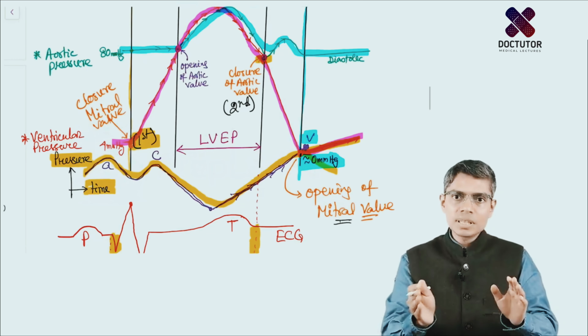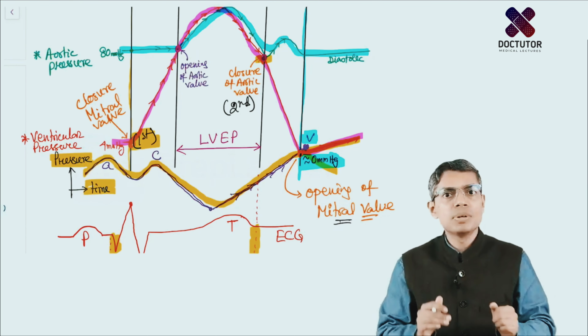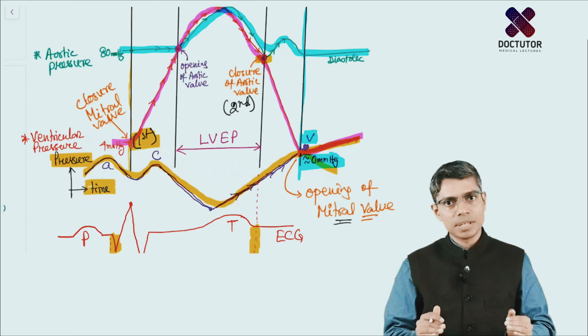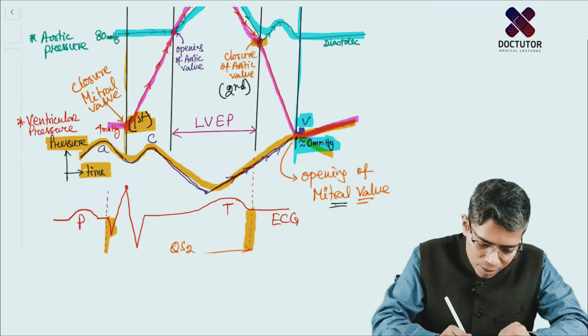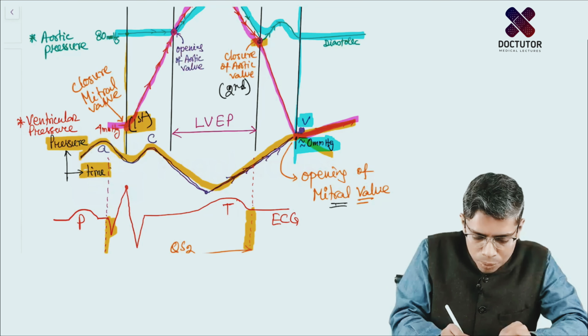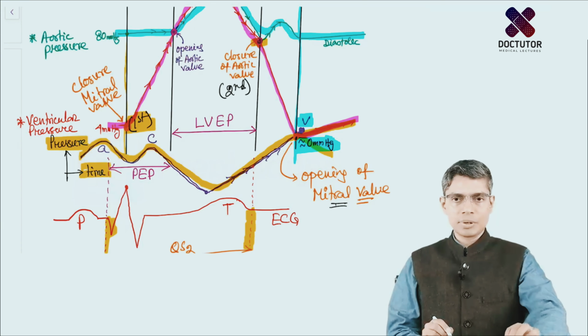So before the left ventricular ejection period, this part of the QS2 segment is known as pre-ejection period. Pre-ejection period means the onset of Q wave up to the onset of ejection, right? Getting my point?